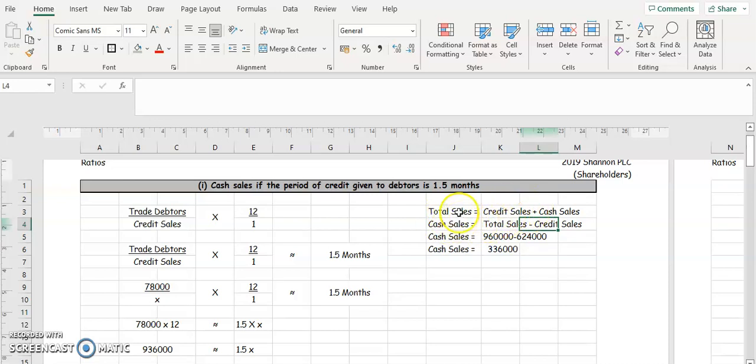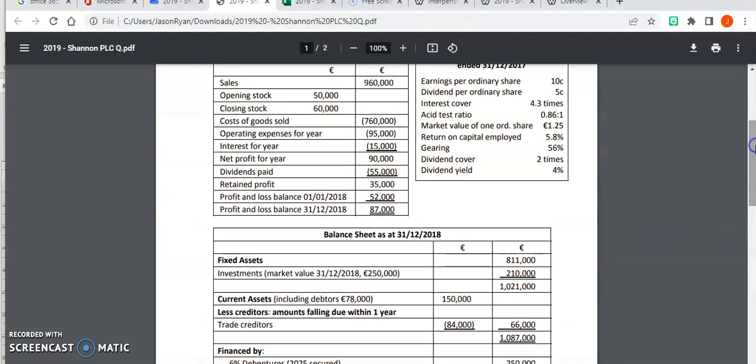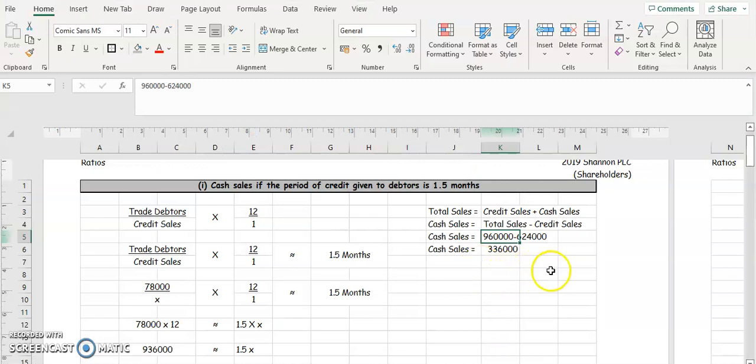Because we've got our total sales of 960,000, that's taken straight from the question, your sales up here at 960,000. We calculated our credit sales from this section here, which is 624,000. So you're going to take 624,000 away from 960,000. So your cash sales then is going to be 336,000.